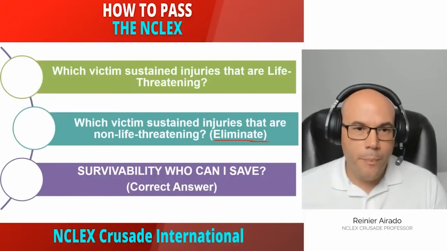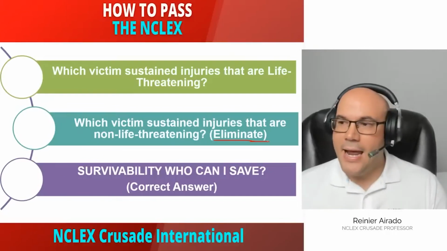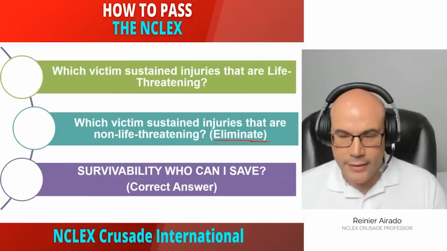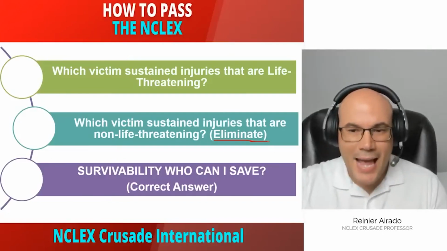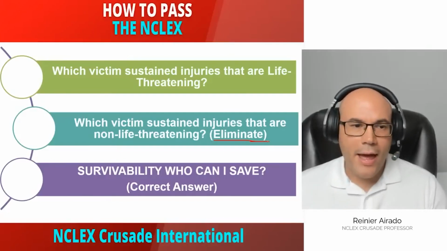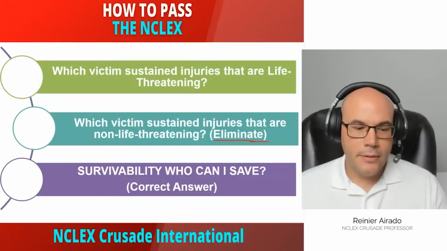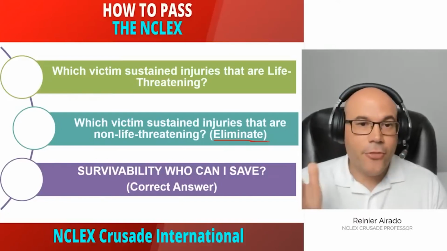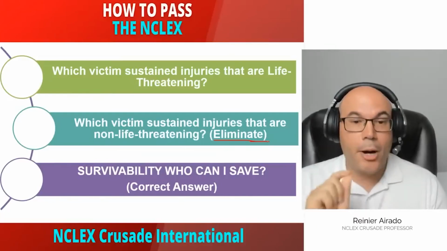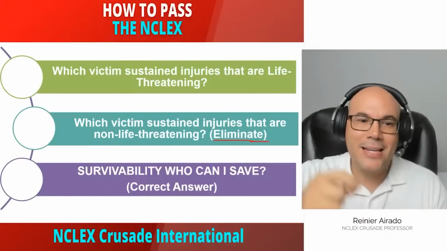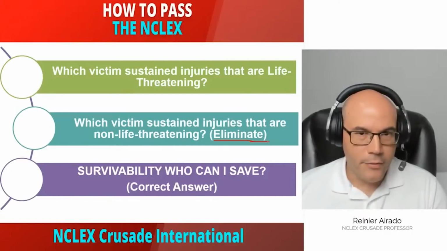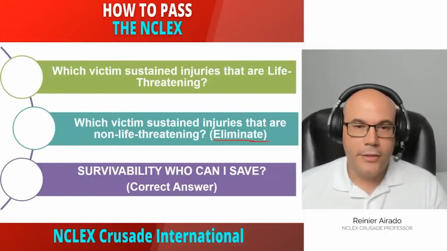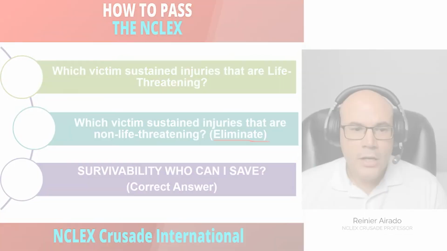Which patient will be your priority in a mass casualty event, in a disaster event where you have multiple victims? Your priority patient will be the one that has a life-threatening condition but has a high chance of survival. That will be the correct answer.